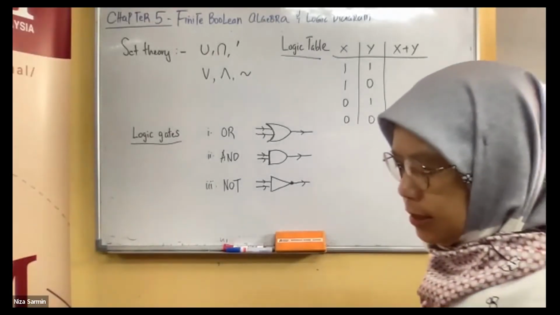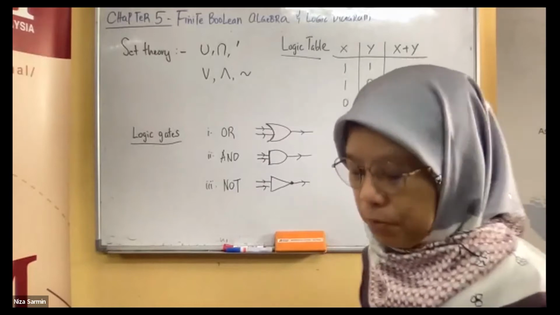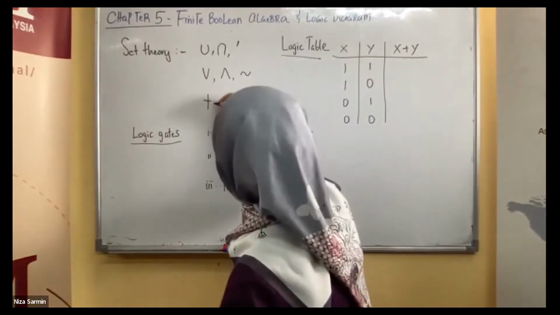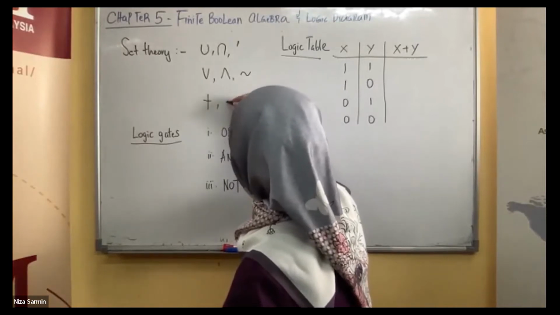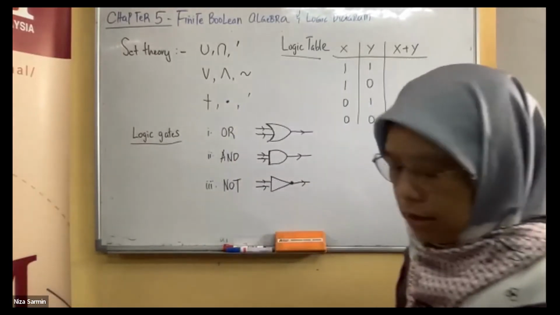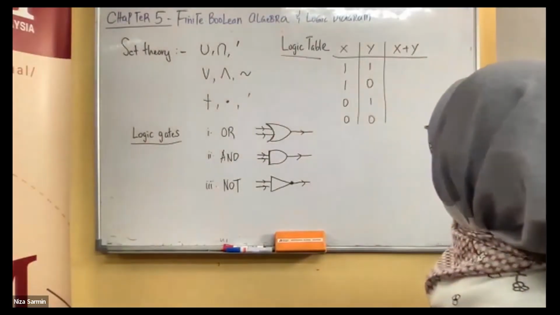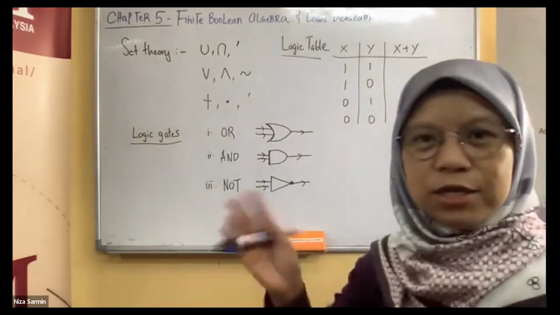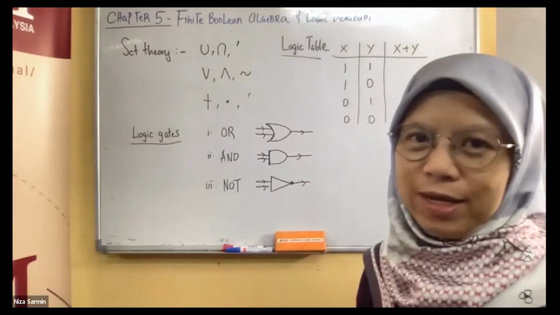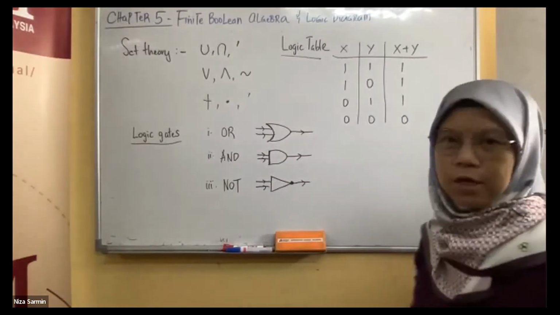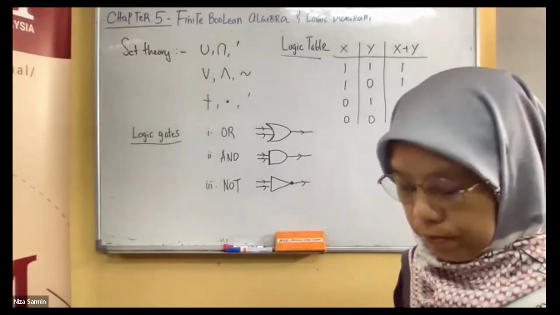The plus is actually the OR. The plus, the dot, multiplication, and the prime. As long as you see a 1, then you get a 1. It's like the OR.